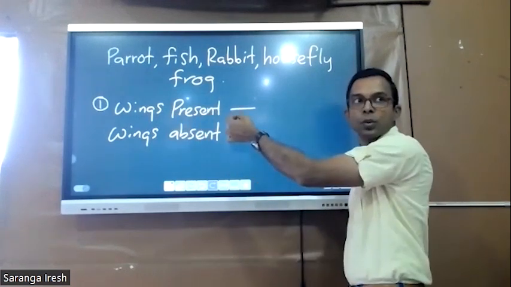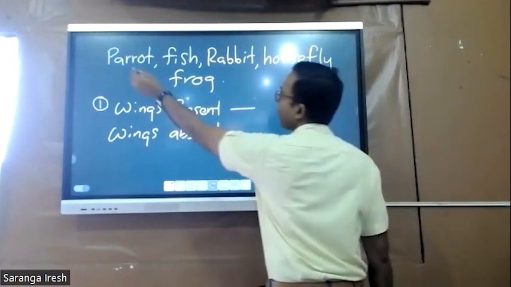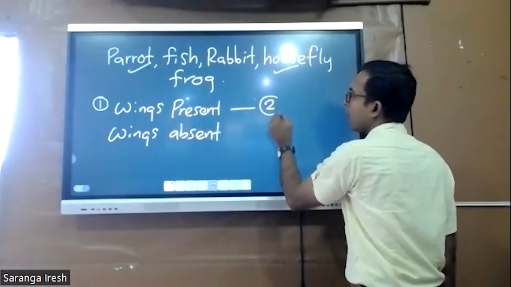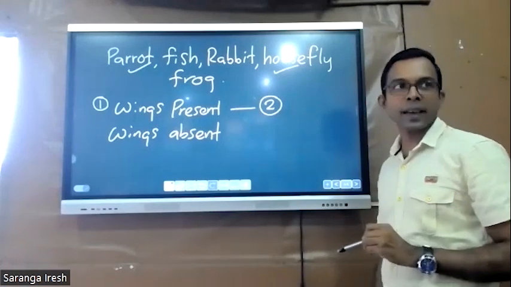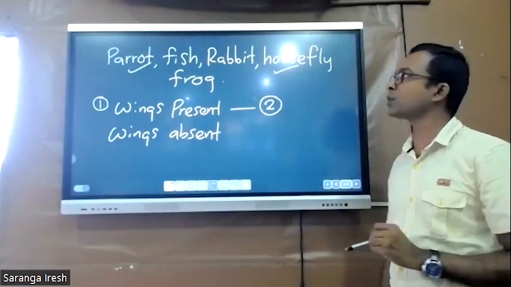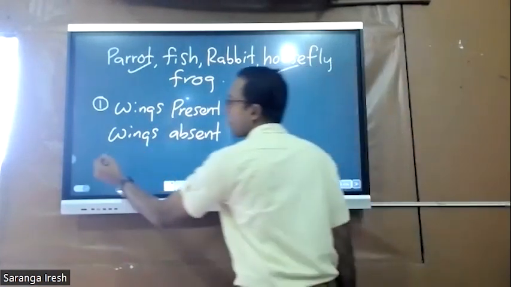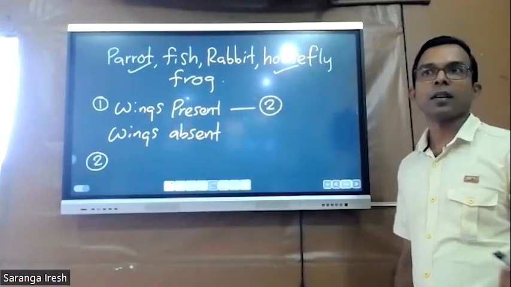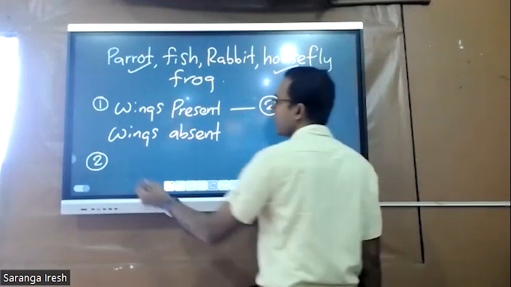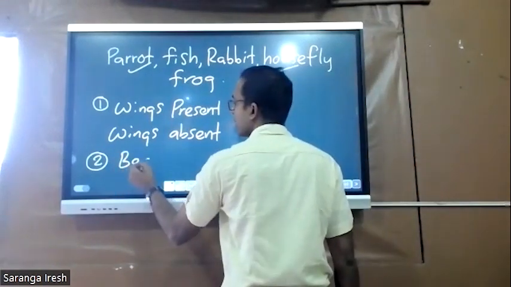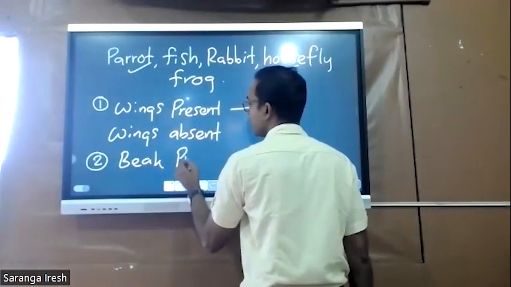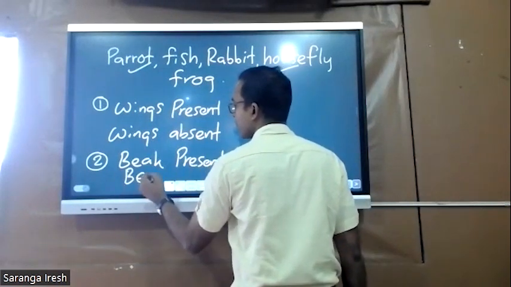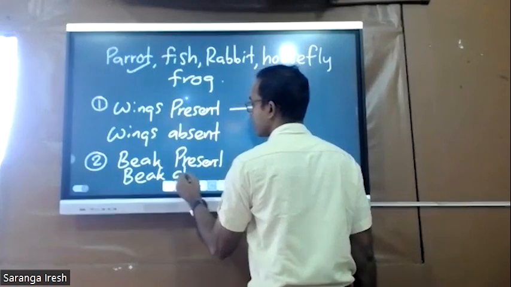We separate these two first, the parrot and housefly. Then I use my second statement to classify these two. What is it? Yes, presence of beak. Beak present, beak absent.